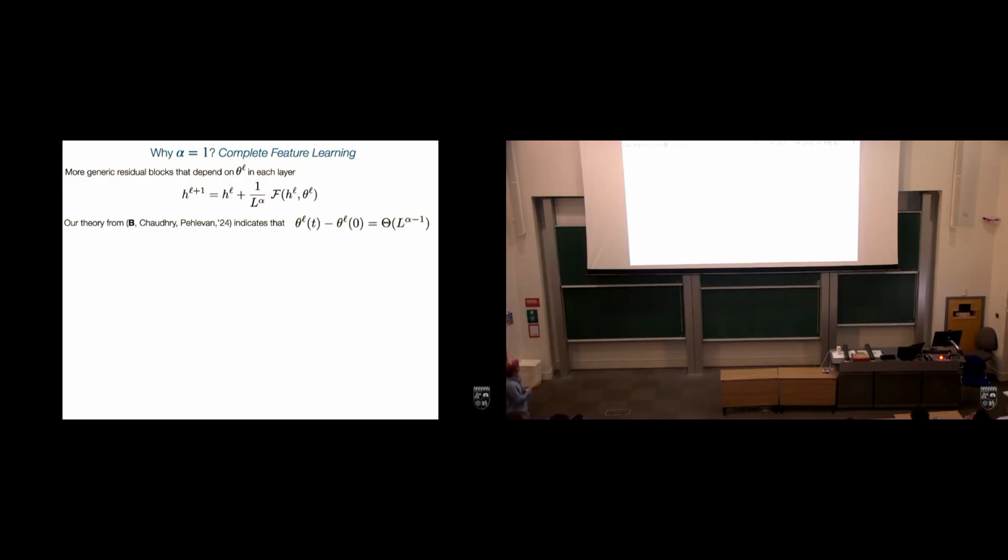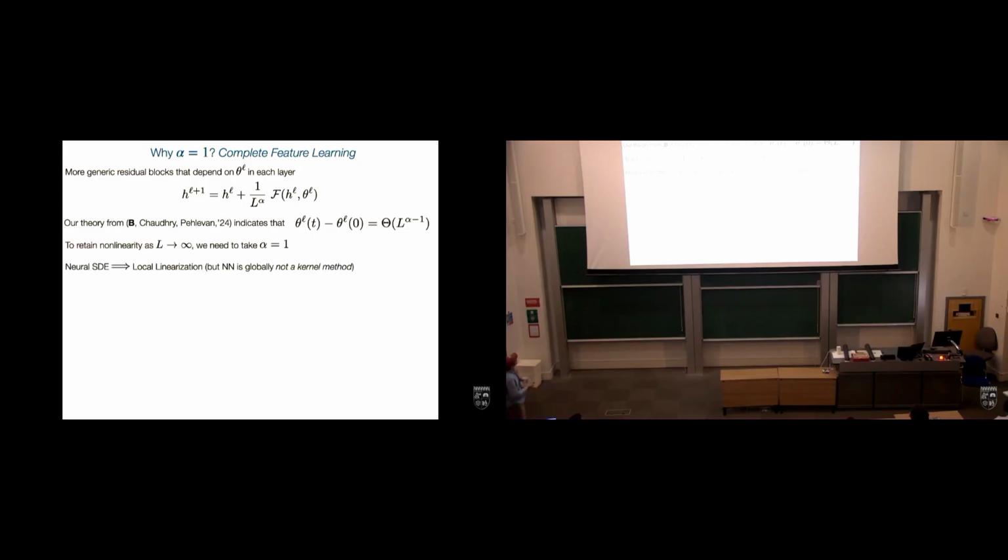The claim is, if I do a feature learning step, so when I do a step on theta, I want this whole thing to contribute 1 over L. The reason is that the backward and forward features from DMFT are strongly correlated across layers. So the initial thing can be 1 over square root of L, but when I do a step, the update needs to give me something with 1 over L in front.